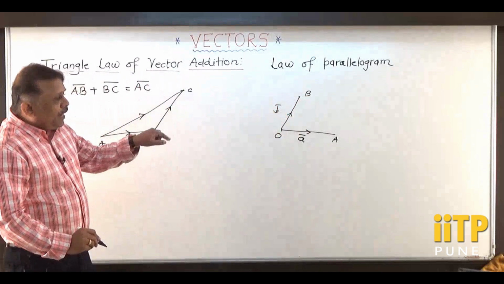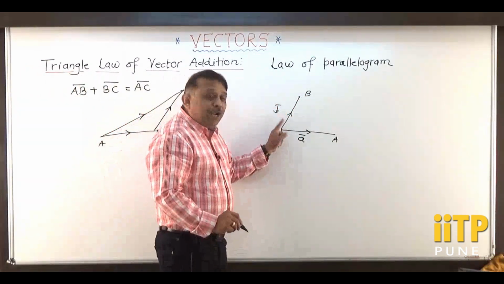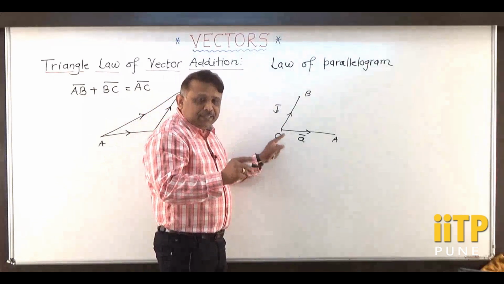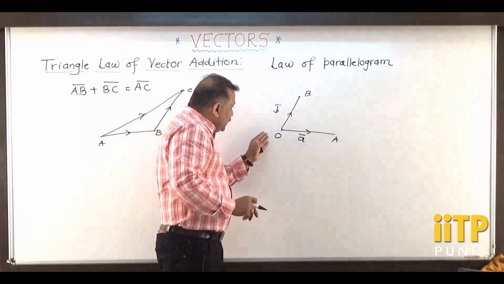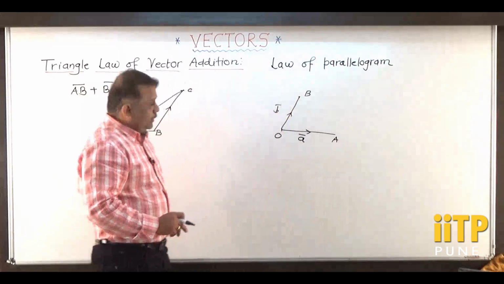So OA bar and OB bar are co-initial vectors. They are coming from the same point. One is directed this way, the other vector is directed this way.